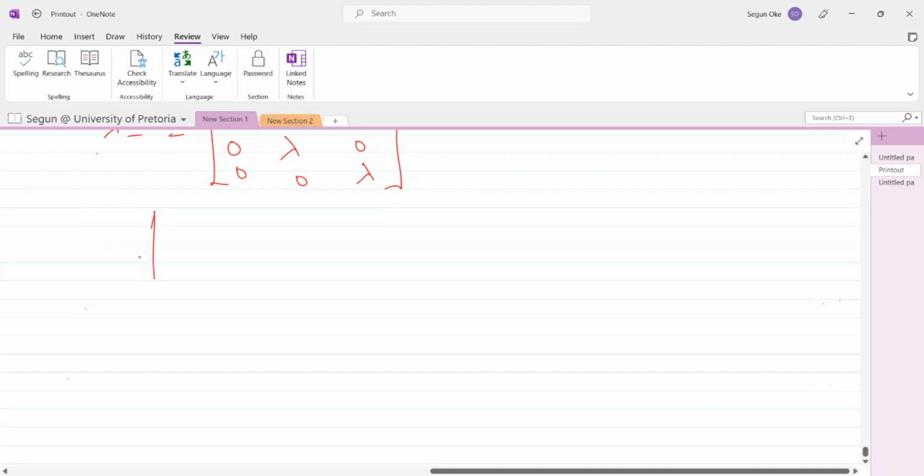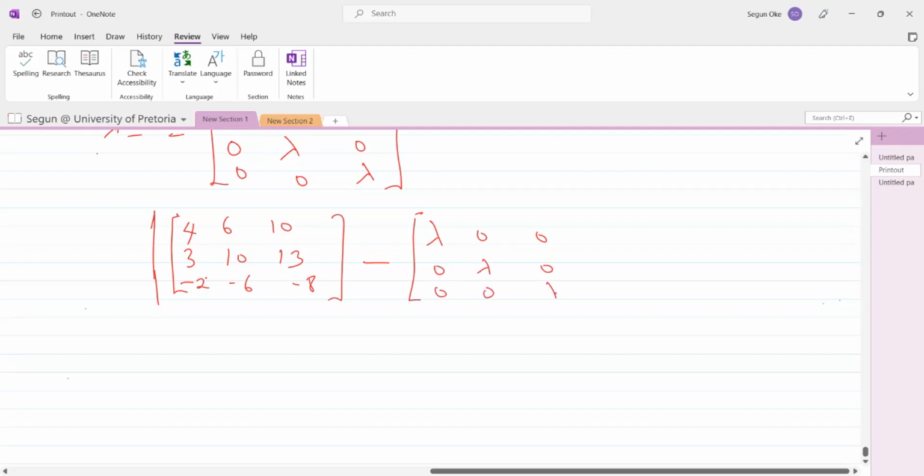The determinant is, what is our A? 4 minus lambda, 4, 6, 10, then 3, 10, 13, then minus 2, minus 6, minus 8, everything minus lambda times the identity.